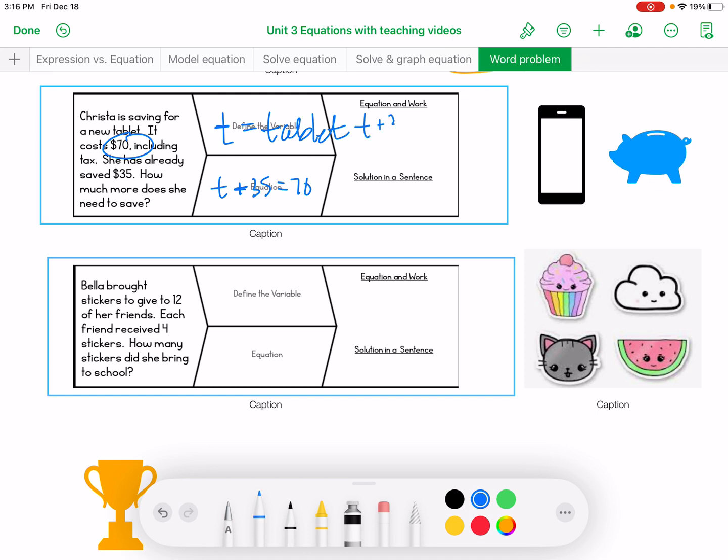T plus 35 is equal to 70. I'm going to subtract 35 from both sides. T is equal to $35. 35 plus 35 equals 70. She's going to need $35 more.